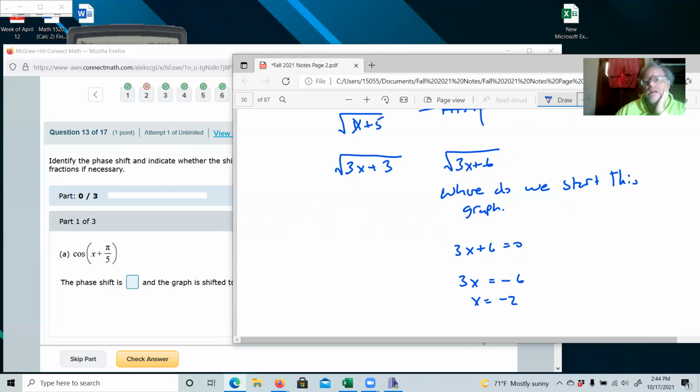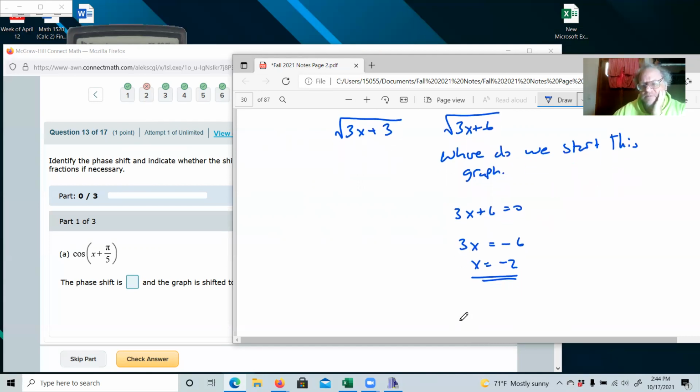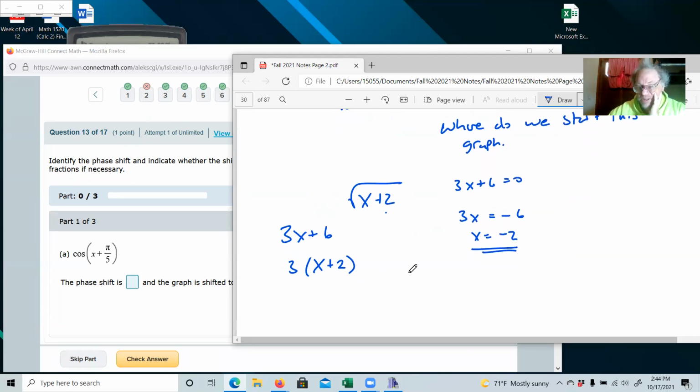Wait a minute. We said our horizontal shift should be 6. Where did this negative 2 come from? Well, we have 3x plus 6, so we actually have to factor out the 3: 3 times x plus 2. If we have the square root of x plus 2, where does it start? At negative 2. That's what you have to do with this.